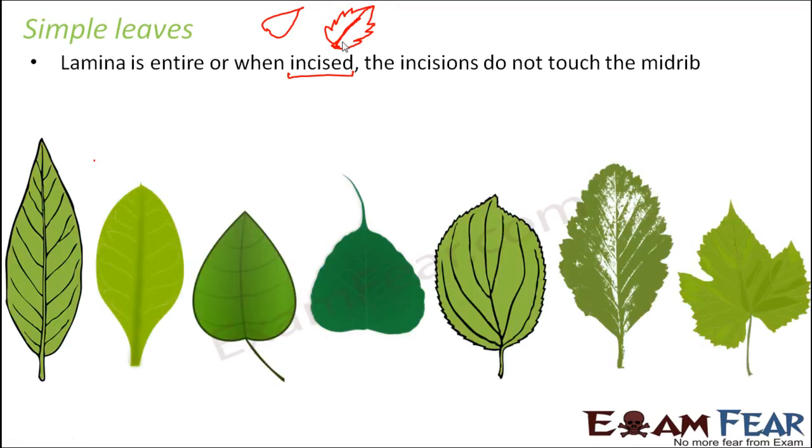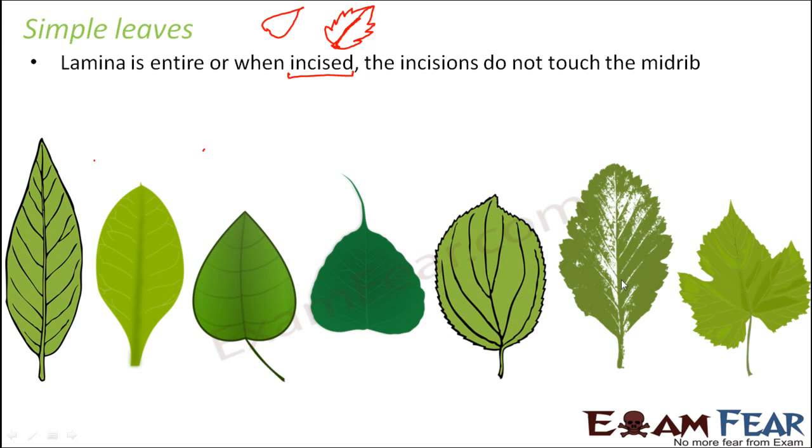Let us look at some of the examples or variety of simple leaves. The screen is full of simple leaves now. Even though the shapes of the leaves are all different, they are all categorized under simple leaves because their laminas are all entire. Even if it is incised, the incisions are not touching the midrib. See here also the incisions are present. The incision is quite deep here.